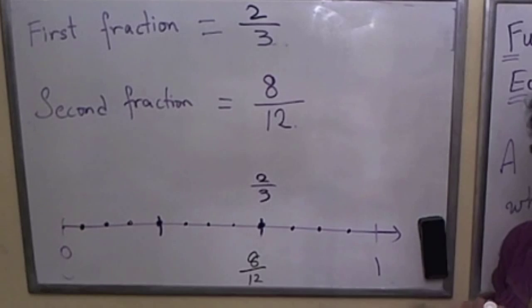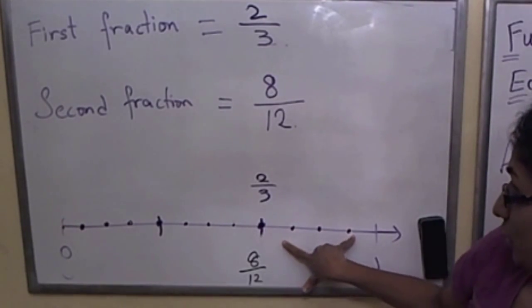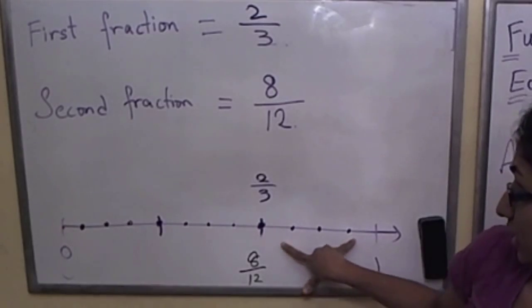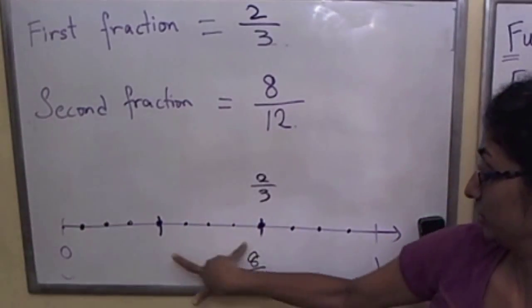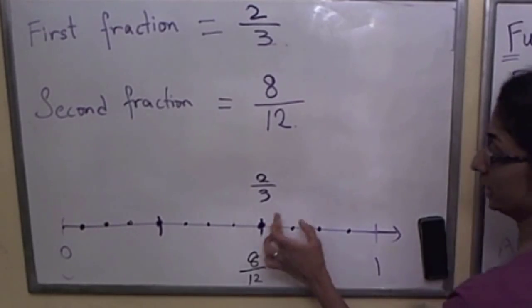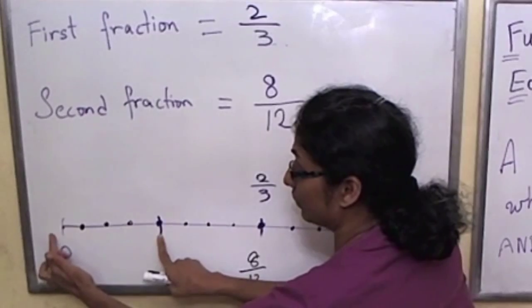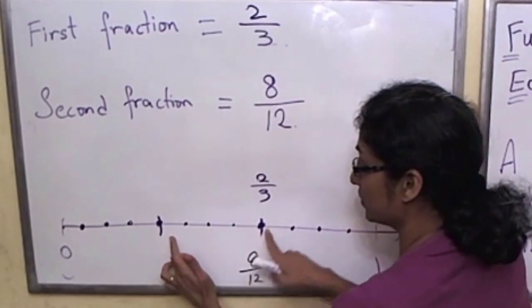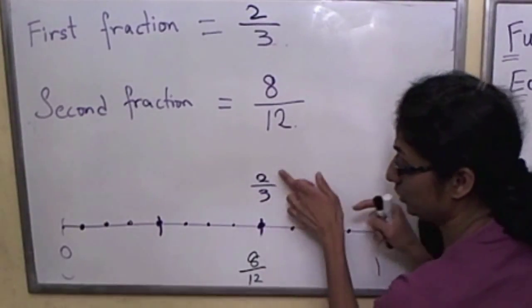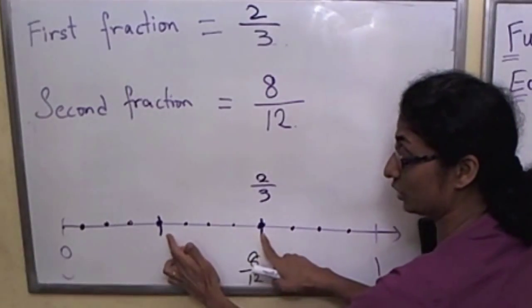How did that happen? Well, we cut up each of the original 3 pieces into 4 equal pieces. Then what happened was this 2 was telling us that we had 2 copies of that 1/3. 2/3 is 2 copies of 1/3. So this is 1 copy and this is 1 copy.